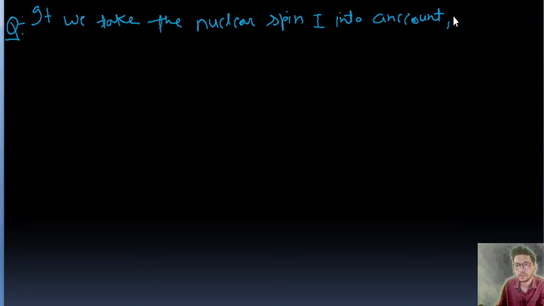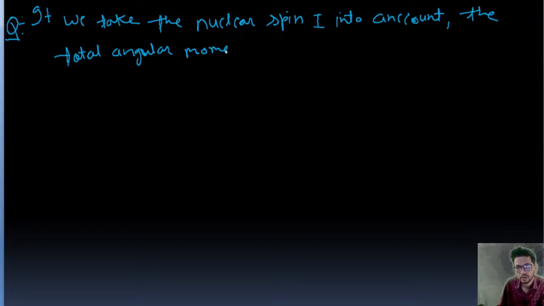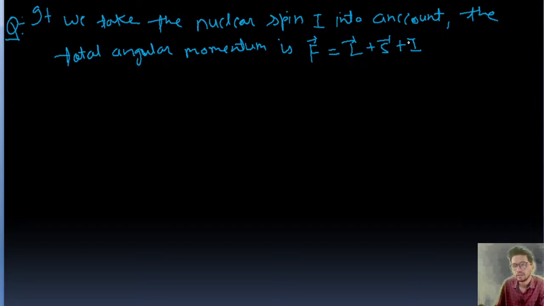Account the total angular momentum. The total angular momentum is F equal to vector L plus vector S plus I. Okay, this is the F value.